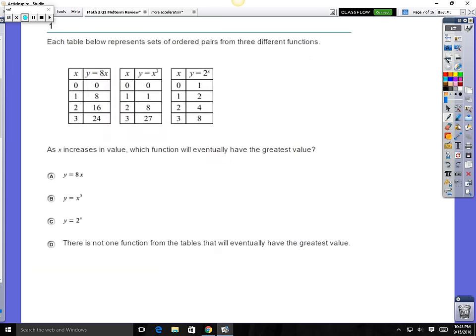Okay, let's look at this guy. You have 3 functions. This one is linear, this one is cubic, and this one is exponential. Alright, so we've played with linear and we've played with exponential. We have not played anything with cubic.